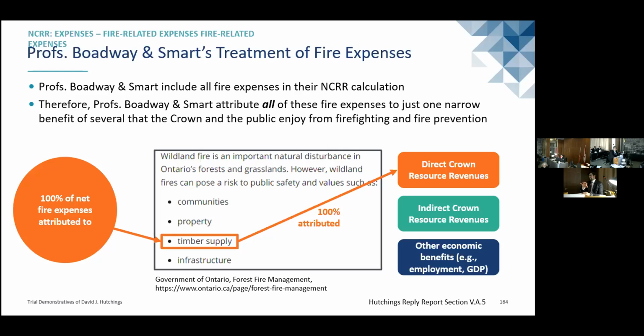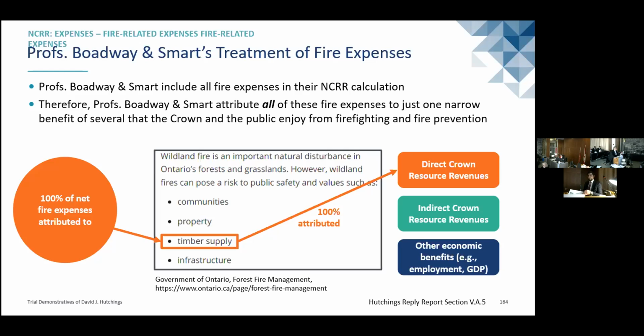I instead assume the commercial operators who, at the end of the day, are paying most of those direct Crown resource revenues, pay their chunk through the fire-specific levies, and the other amounts of fire expenses are distributed amongst all the other general government functions, some of which may be recaptured in indirect Crown resource revenues, as we've been discussing.